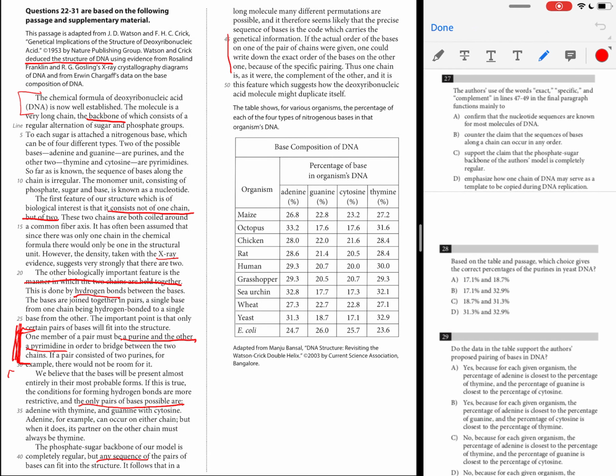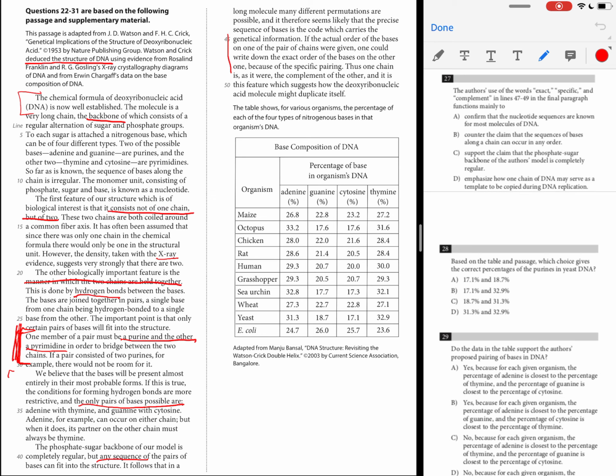27, the author's use of the words exact, specific, and complement in lines 47 to 49, the final paragraph, function mainly to... Okay, so I want to make sure that I reread that section and have really clearly in my mind what those words are doing.